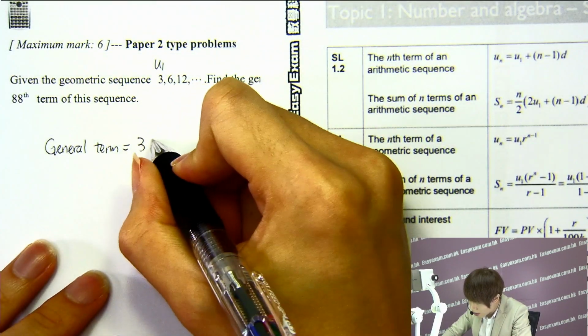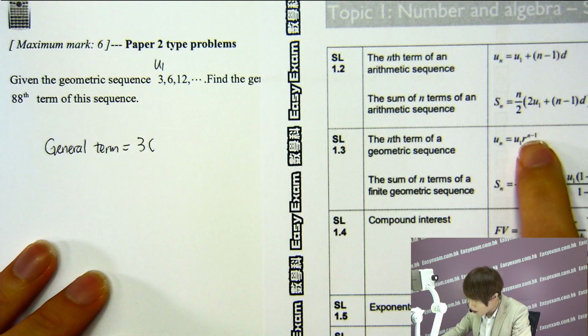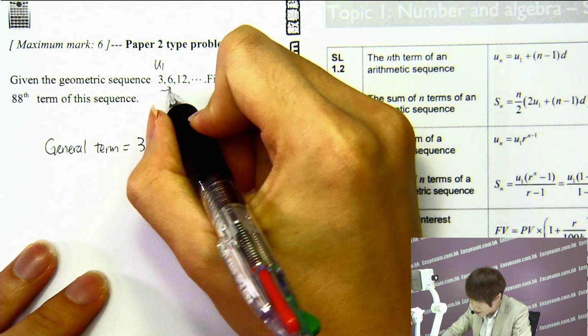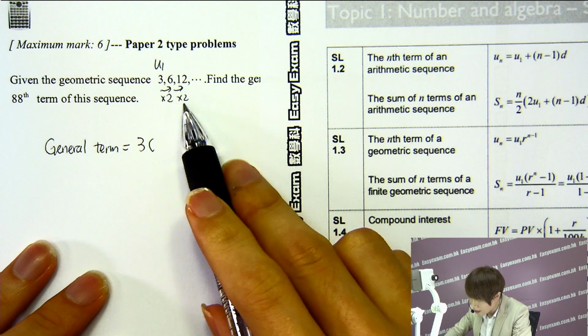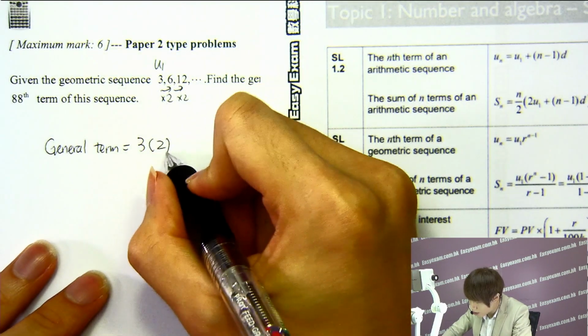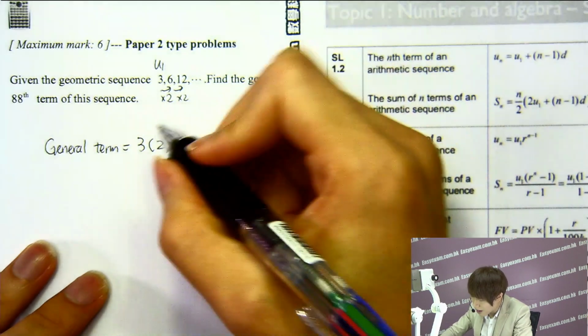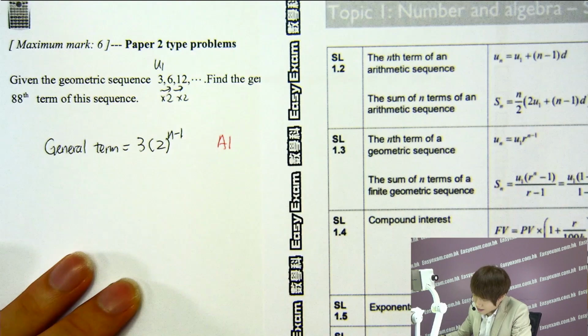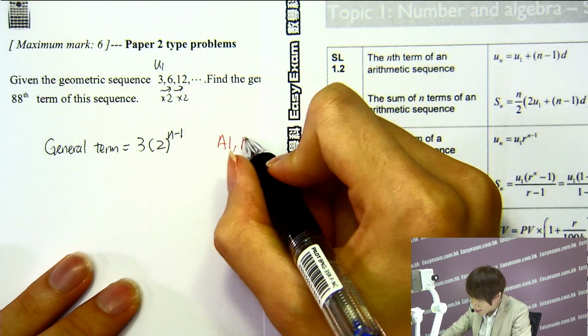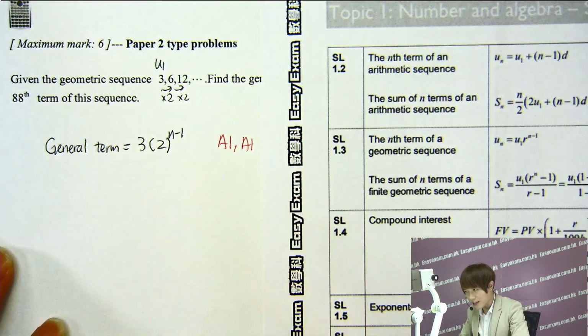So 3 times the common ratio r here, and clearly the common ratio is 2. 3 times 2 equals 6, 6 times 2 equals 12. So the general term is 3 times 2 to the power n minus 1, okay? If you get this right, you will be awarded A1 for stating the correct first term U1 and also the correct common ratio here, okay?